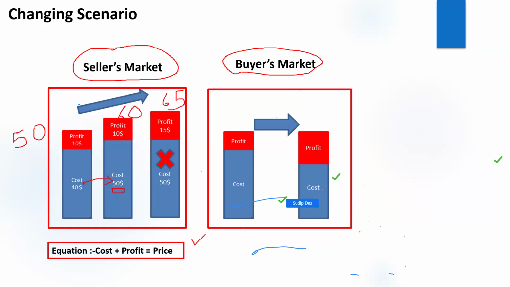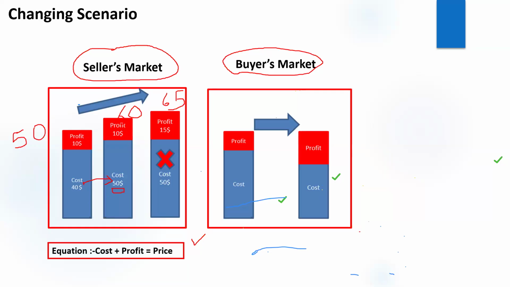Earlier, suppose there was only Big Bazaar. Now he has choices. He can go to D-Mart, he can go to any Reliance market, any market. Customers can purchase through Amazon, Flipkart, Meesho, Snapdeal.